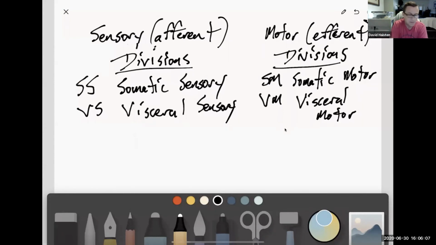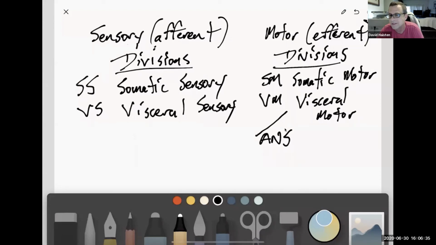So the VM, the visceral motor division, is known as the ANS, autonomic nervous system. And you could kind of say it has a mind of its own. You're not consciously controlling the ANS. Unless you're a Buddhist monk meditating for years in Tibet, you can actually affect some of your visceral motor.